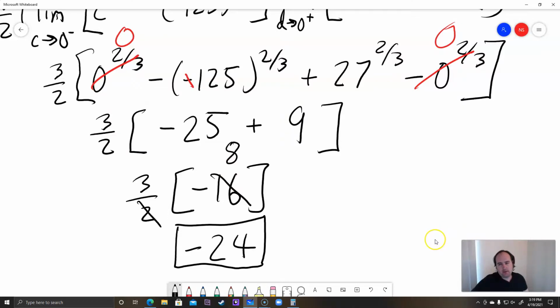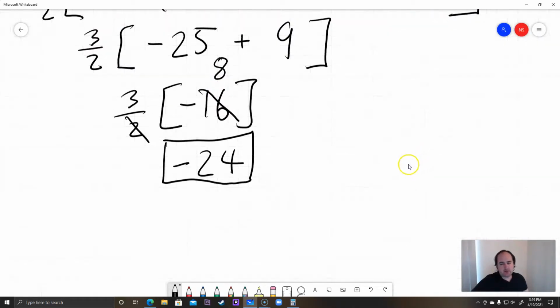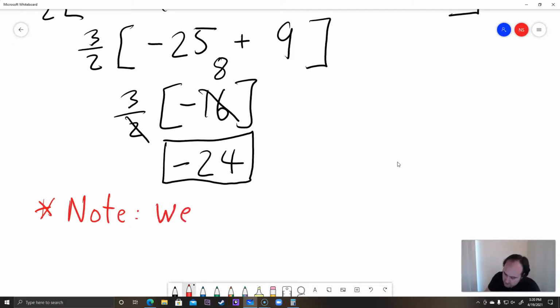And because I'm a teacher who likes to always show people not just the correct way, but also the easiest way to do something, I have to point out here that even though I showed you the correct way with the limits, technically with this problem we could have just done it the old-fashioned way and not do any of the limits. So note, we just ended up plugging in anyway.